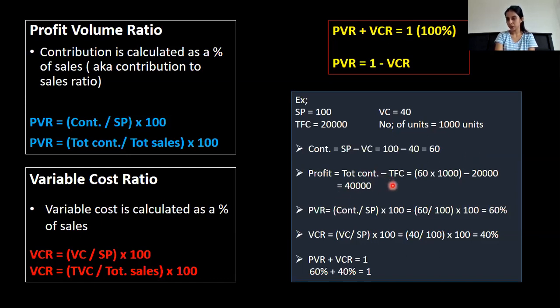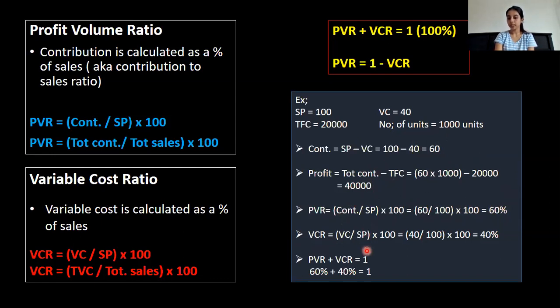So that minus 20,000 of total fixed cost will give you the profit as 40,000. And then how do we calculate the PVR? Contribution over sales price into 100. We found the contribution as 60. So 60 into what is the selling price? 100. 60 divided by 100 into 100 will give you the PVR as 60. Profit volume ratio as 60. Then how do we calculate the VCR?